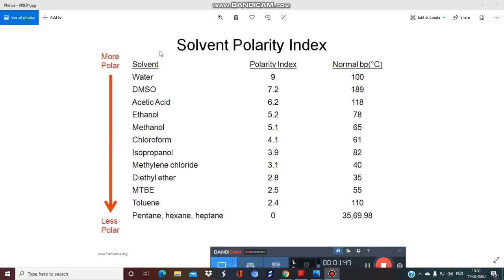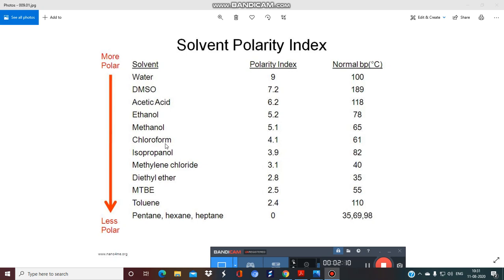Again, why am I showing you the solvent polarity chart or solvent polarity index? Because we are going to use different types of organic solvents in chromatography, so one must know the polarity of the particular solvents. Only then are we able to isolate, separate, identify or purify something.